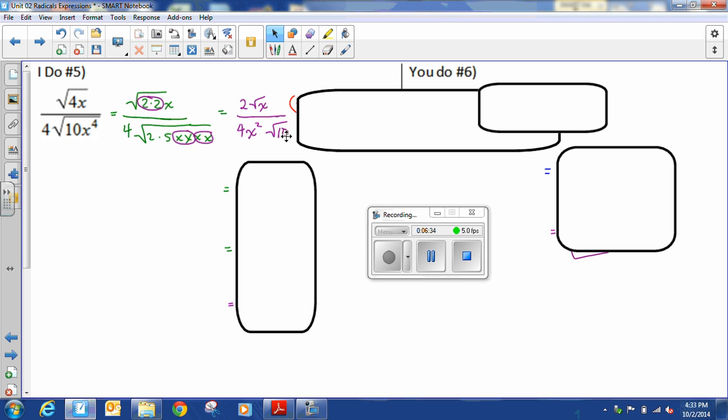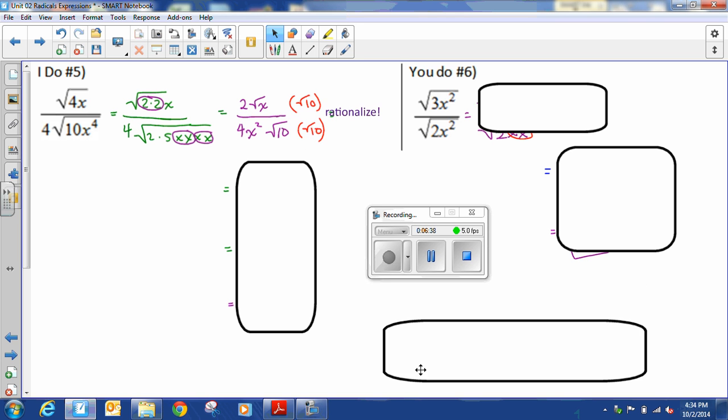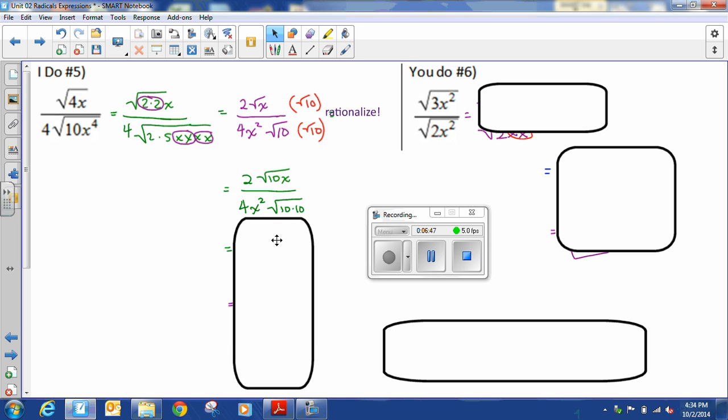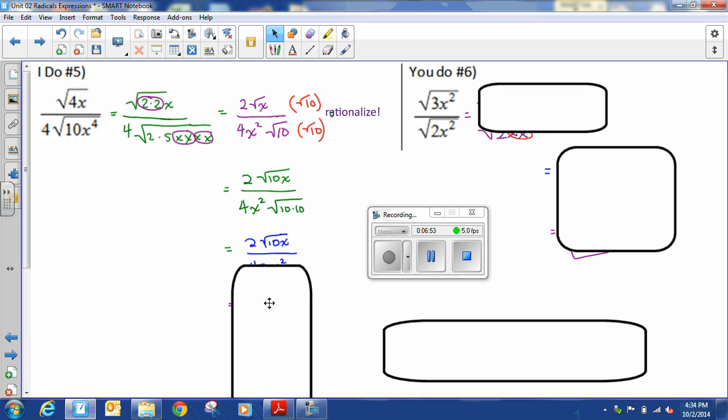Since we have a radical in the denominator, we must rationalize. When we rationalize, we multiply it by itself. We also have to multiply the numerator by radical 10. And we end up with 2 radical 10x over 4x squared radical 10 times 10. As you can see, one of the 10's comes out, the other one does not.